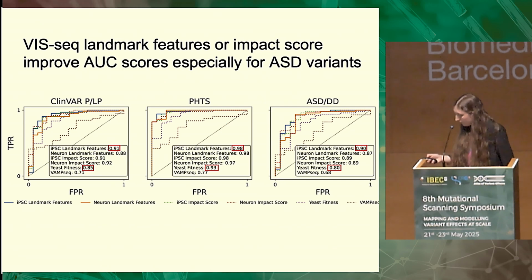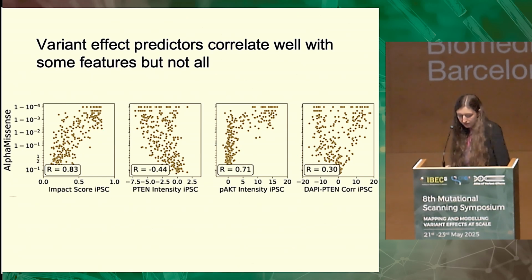Whereas for the autism variants, it seems that we get a bigger boost from having this additional data to complement. And then lastly, I wanted to touch on variant effect predictors. We saw a similar performance for REVEL and EVE, but I'm just showing AlphaMissense here. The impact score that I'm showing on the left is our attempt at a synthesis of all of the feature data. So we're looking at the cosine distance of these feature vectors to evaluate how far a given variant is from synonymous variants.